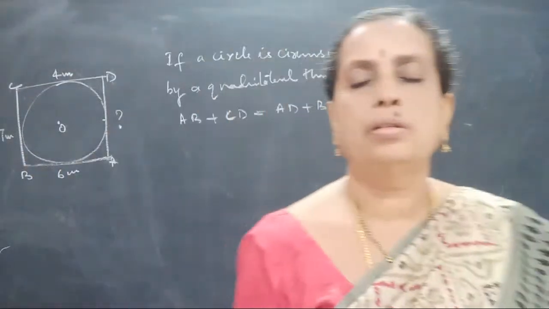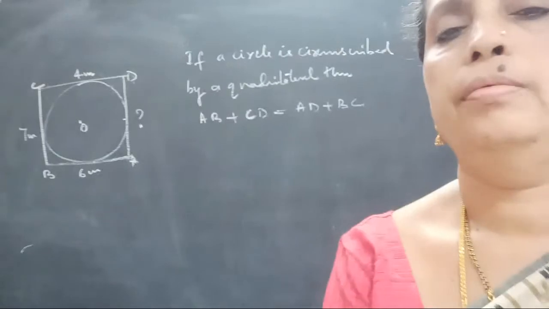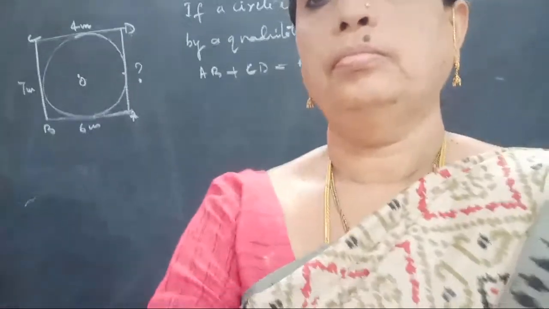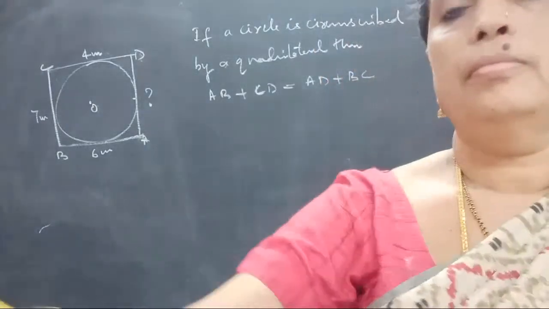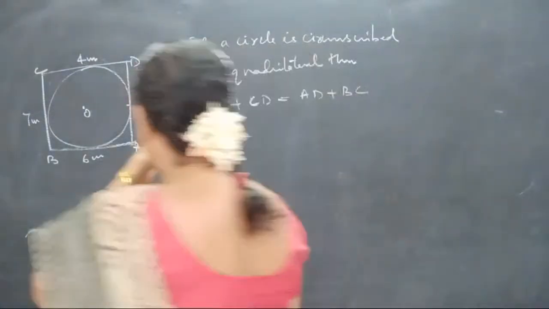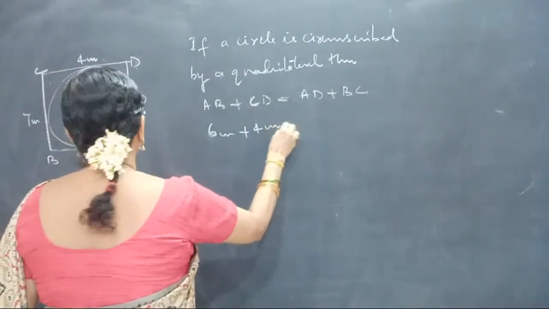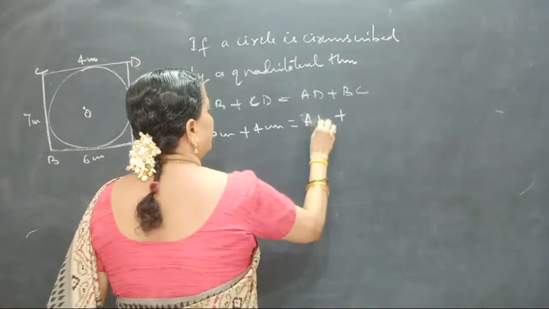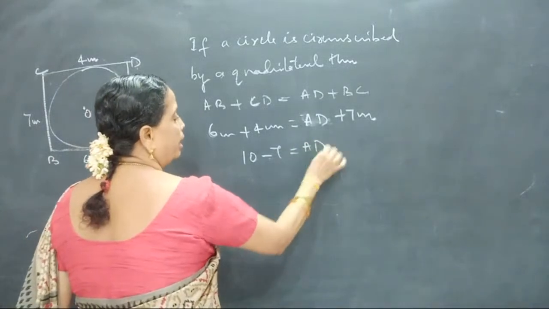Can you see now? Now is that okay? Okay, now write AB is 6 centimeter plus 4 centimeter, 7 centimeter plus AD. 10 minus 7 equals AD.